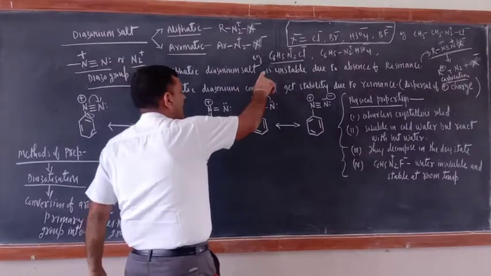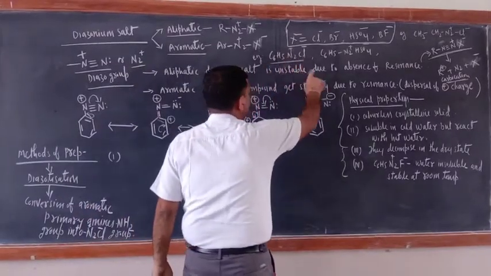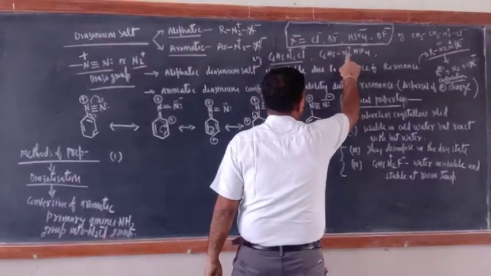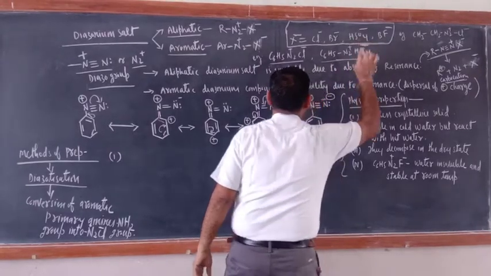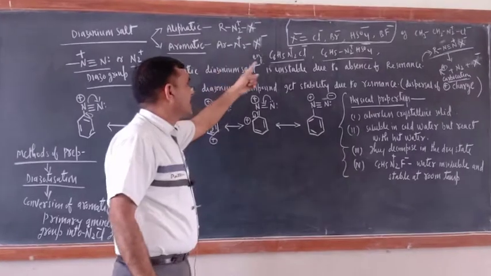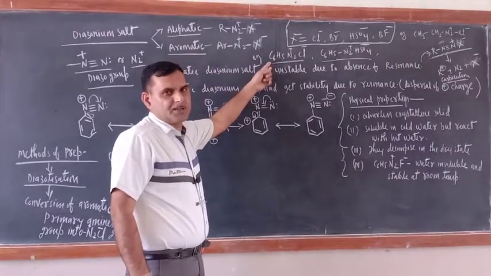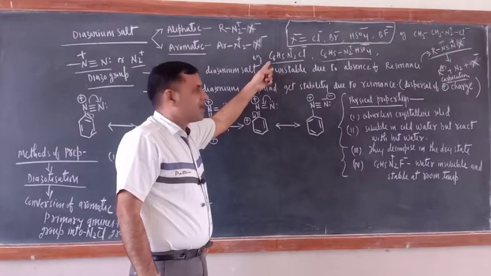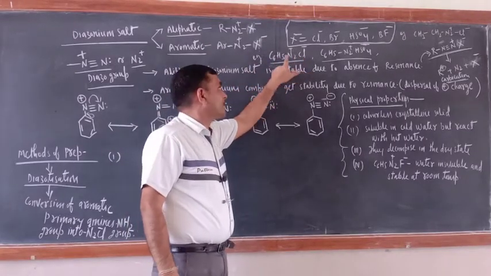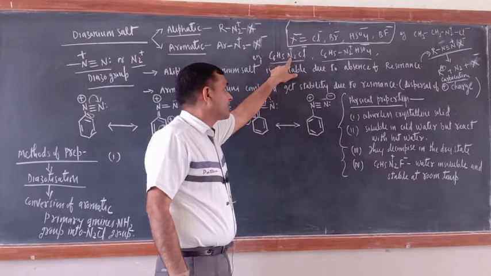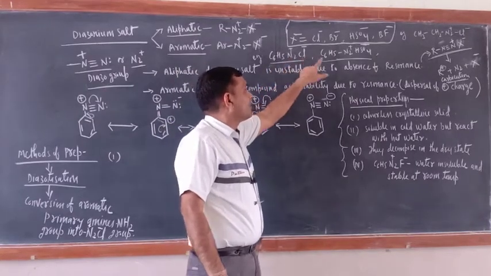Aromatic diazonium salt: C6H5N2 positive Cl negative, or C6H5N2 positive HSO4 negative. The most common aromatic diazonium salt is benzene diazonium chloride. This is benzene, this is diazonium, this is chloride. But what about this one?